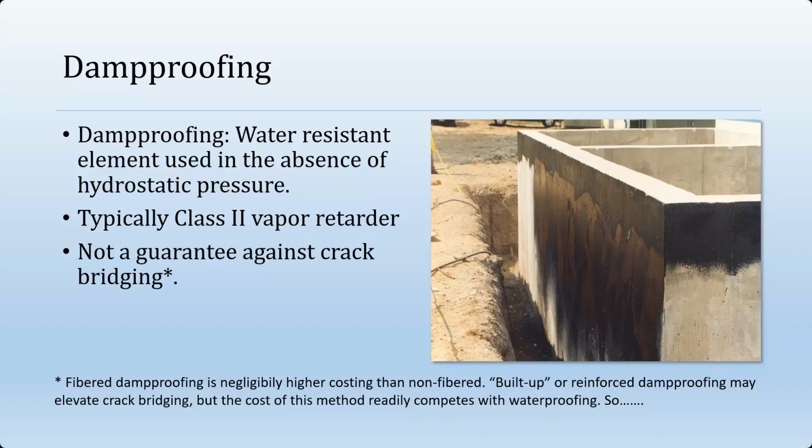But if I had a choice between non-fibered and fibered damp proofings, I would lean more towards the fibered damp proofing, because it incrementally raises the performance level of this type of material. It might help elevate that crack bridging capability. And the cost difference between it and a non-fibered is probably 50 cents, 75 cents a 5-gallon pail, so it's not really a big cost add.